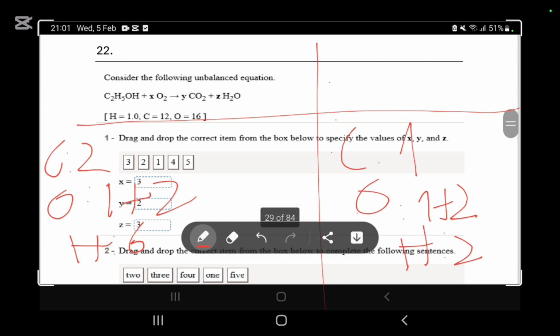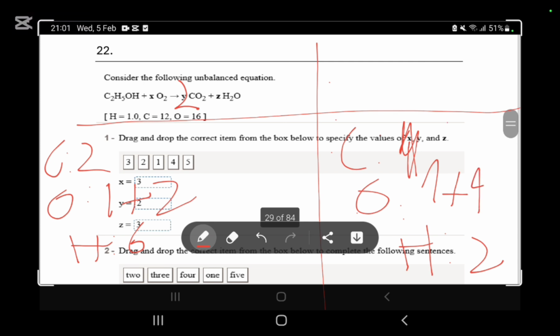First we're gonna have to balance out the C, so we put 2 here. Then this was 1 plus 4 now, and this is 2. Now we're gonna have to balance this 2 out, then this will be 1 plus 4 as well.